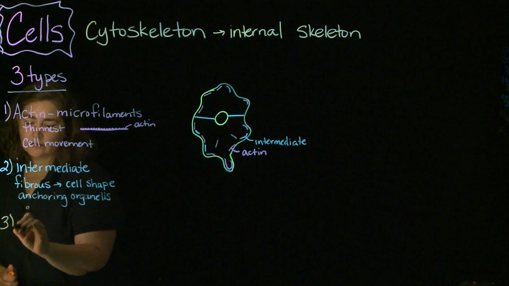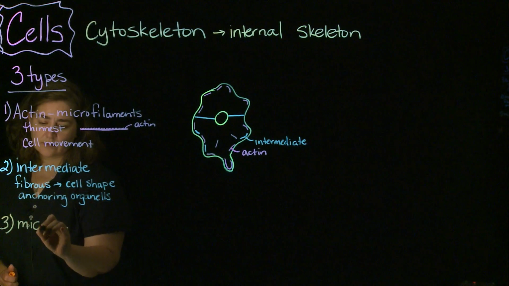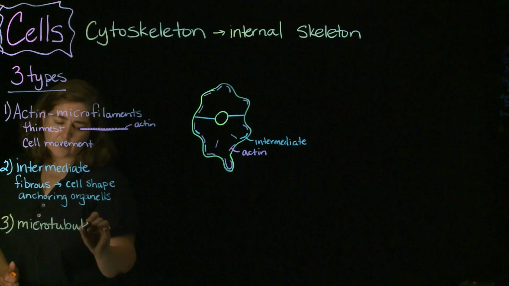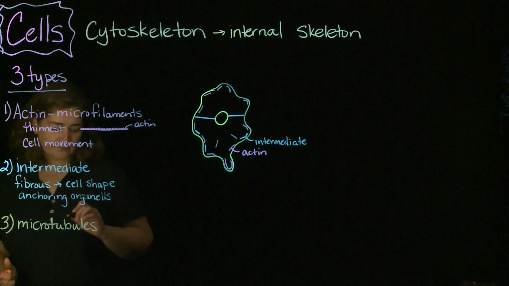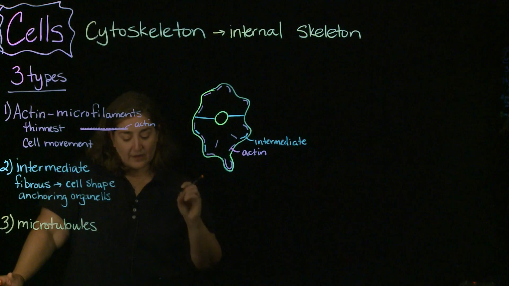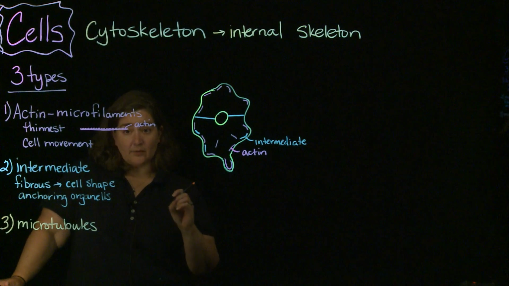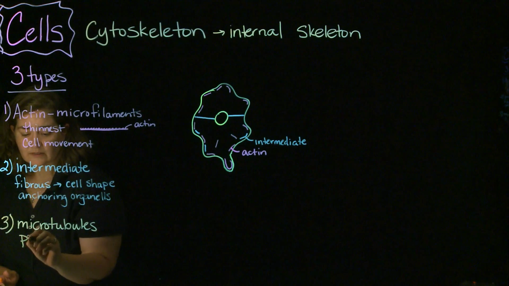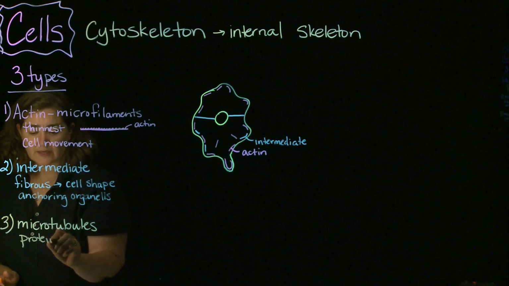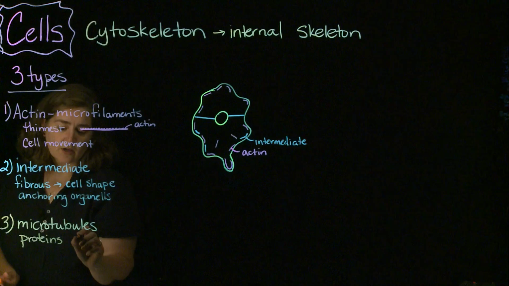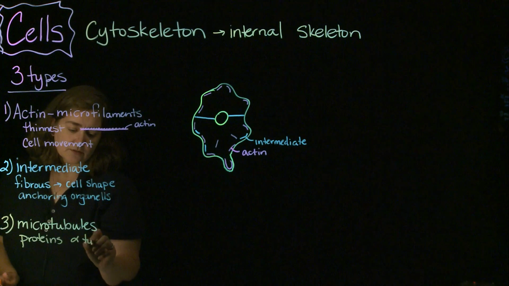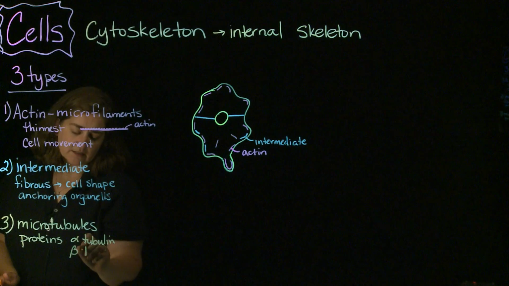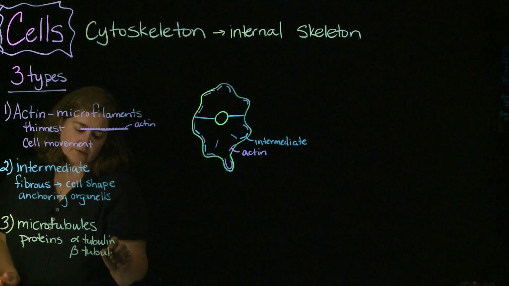Third one are going to be our microtubules. Okay, the microtubules are made up of two different proteins. The proteins that make up microtubules are alpha tubulin and beta tubulin.